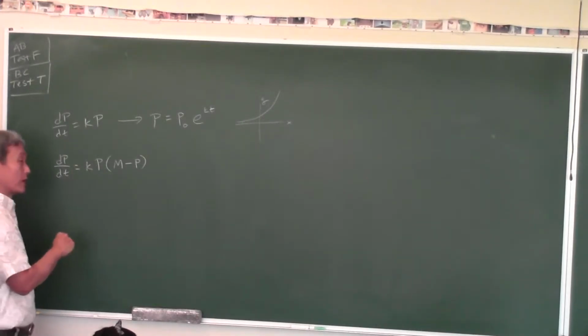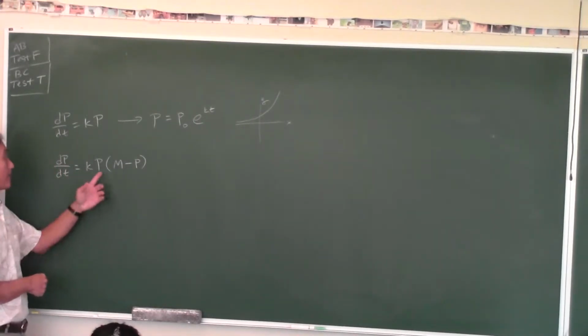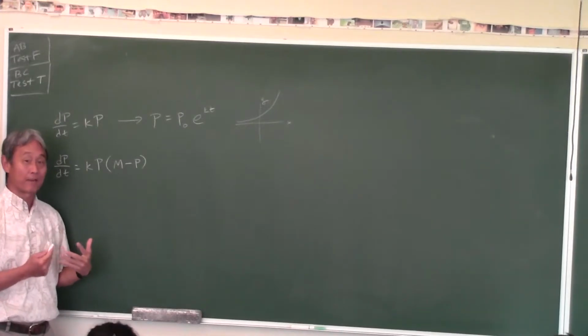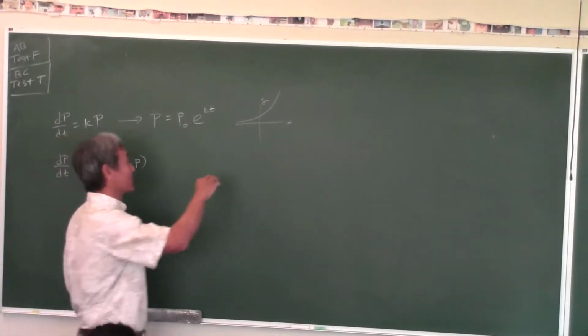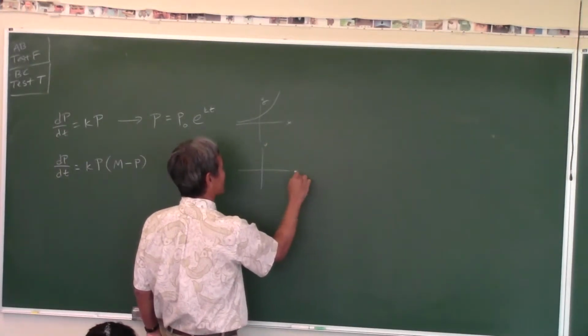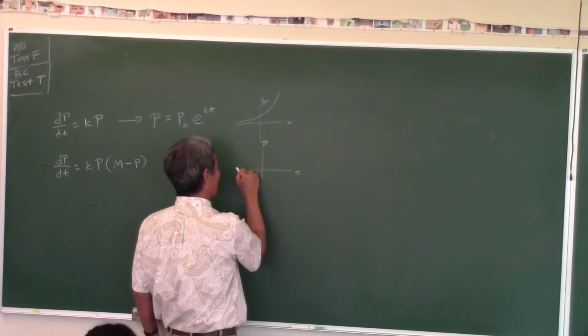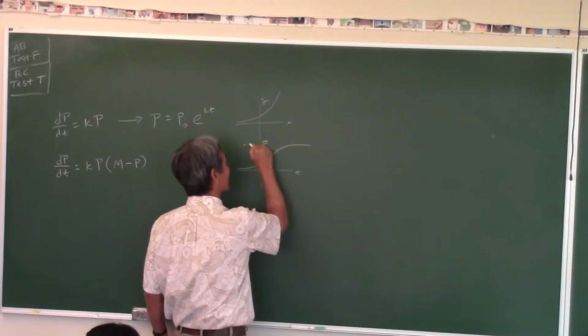Okay, so today we're going to ask what happens. You guys know what the carrying capacity is? That means the maximum number that you could have. This is actually time versus population. Instead of the population just growing exponentially, it's going to start leveling off like this.